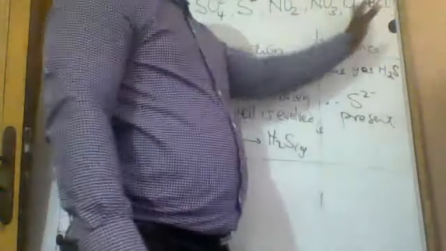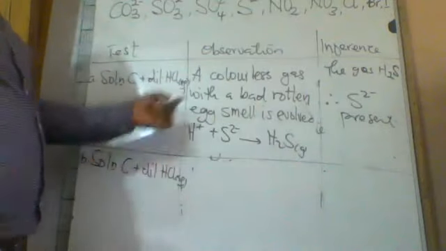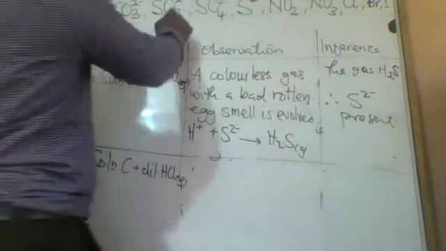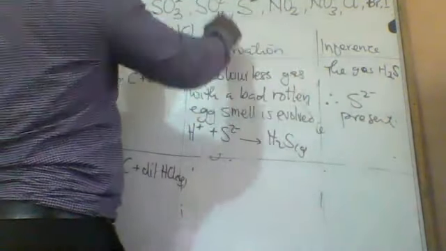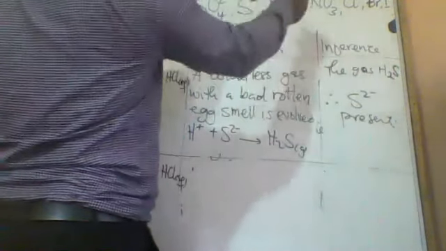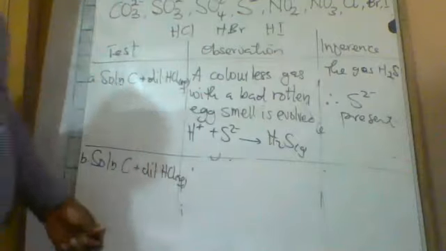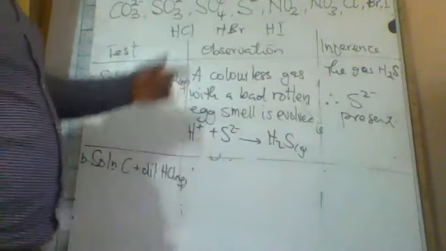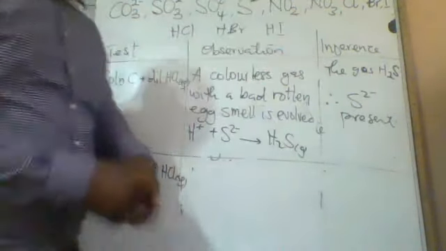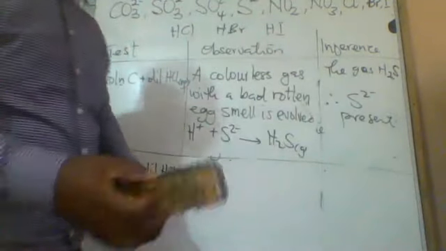For these ones, we usually don't use the acid on them. Because when you use the acid on them, you are going to get HCl, HBr, HI. That's all you see. So that one doesn't actually give off any gas, so we don't see any observable reaction.